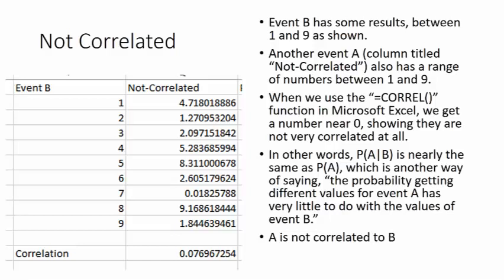In other words, the probability of A, or the not correlated, given B, event B, is nearly the same as the probability of A. In other words, the probability of getting different values for event A has very little to do with the values of event B. So we would say that A is not correlated to B. Rolling the dice in the car has nothing to do with the year the car was built.